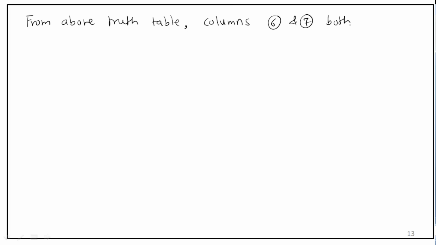Means from the above truth table, columns 6 and 7 are both identical, or the same.